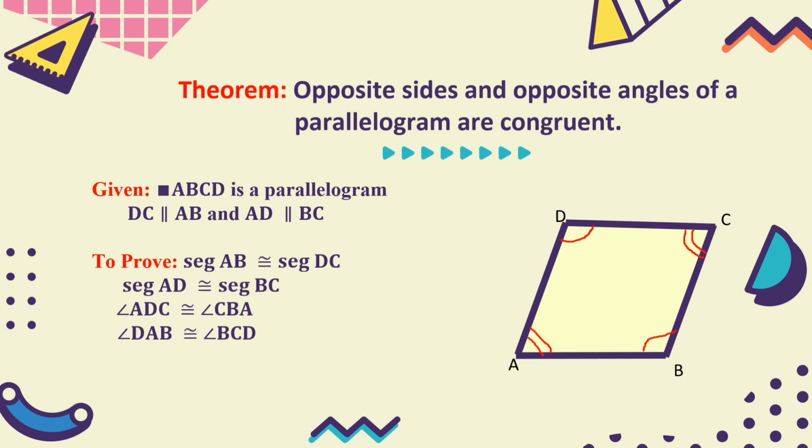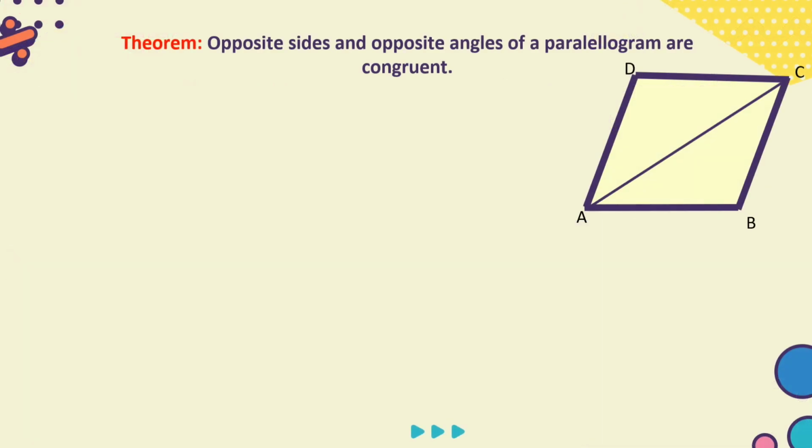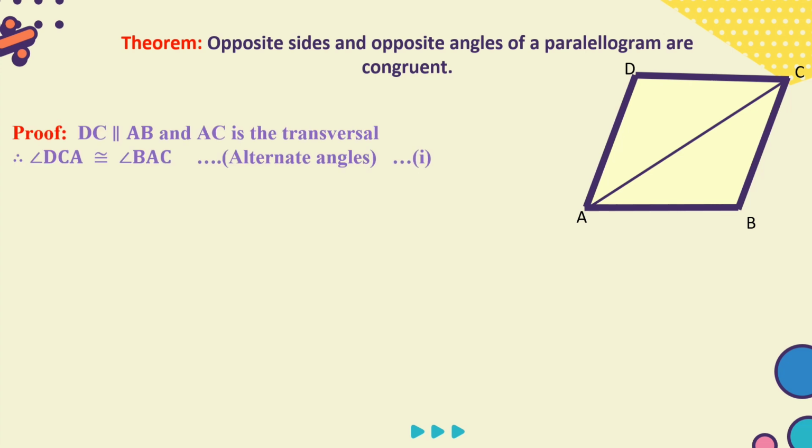Let us see the proof. We have to do a construction: draw diagonal AC. Okay, we drew a diagonal. DC is parallel to AB, and AC is a transversal.